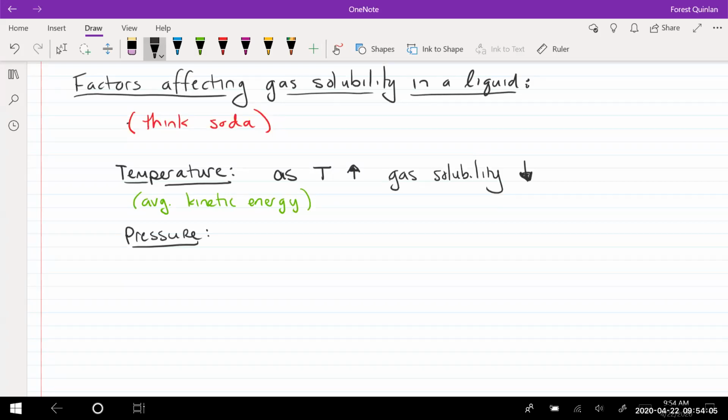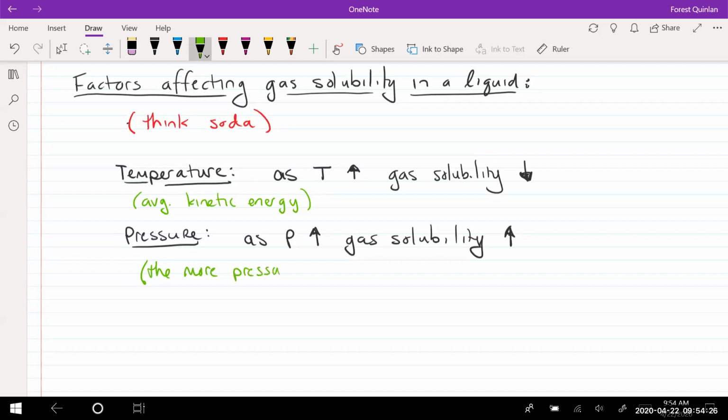So as the pressure increases, the gas solubility also increases. The more pressure, the more you can shove them in.